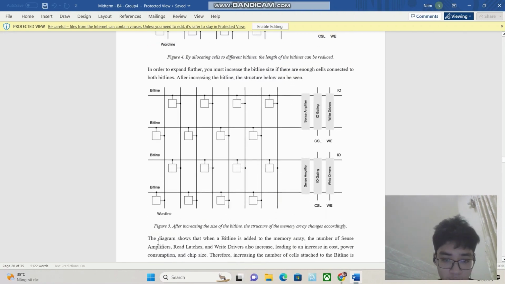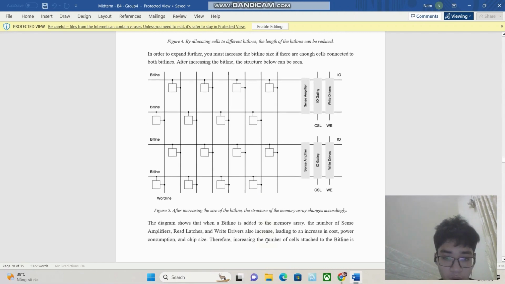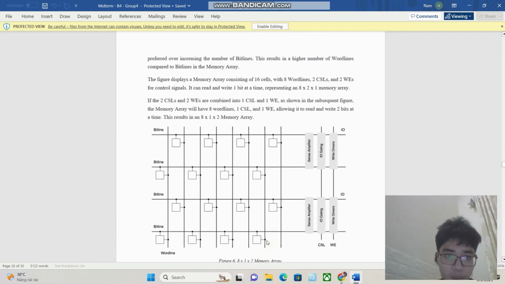The diagram shows that when a bit line is added to the memory array, the number of sense amplifiers and write drivers also increases, leading to an increase in cost, power consumption, and chip size. Therefore, increasing the number of cells attached to the bit line is preferred over increasing the number of bit lines. This results in a higher number of word lines compared to bit lines in the memory array.